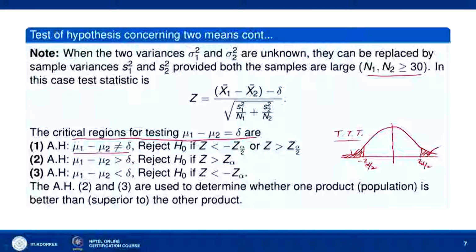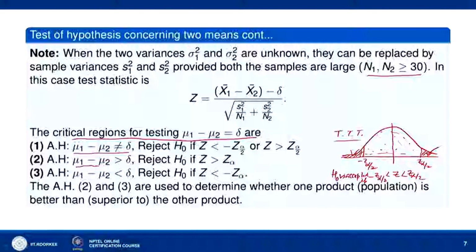And this is the region of acceptance of H naught, where z lies between minus z alpha by 2 and z alpha by 2. In this region H naught is accepted.